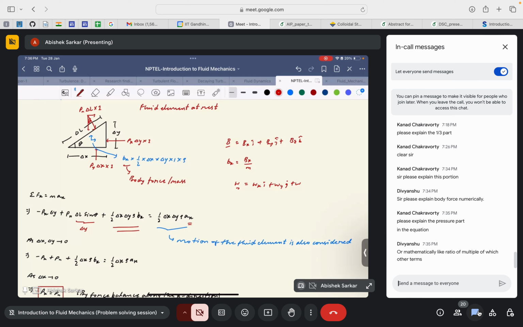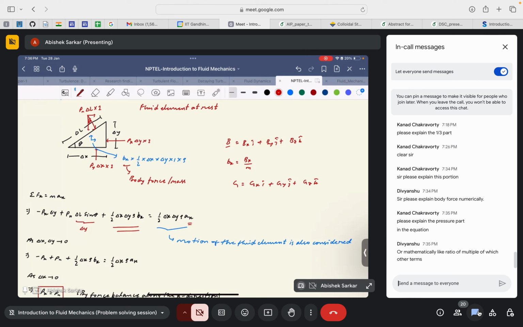So let me write it as capital G, which makes more sense for gravity. Capital G is gx i cap plus gy j cap plus gz k cap.